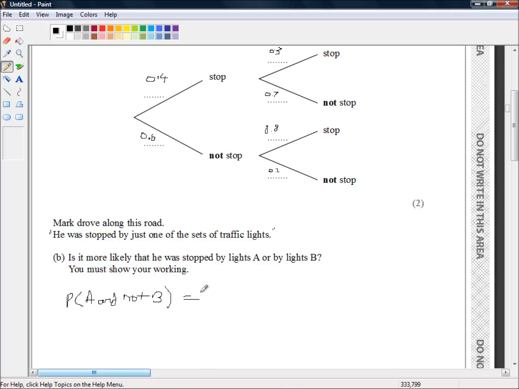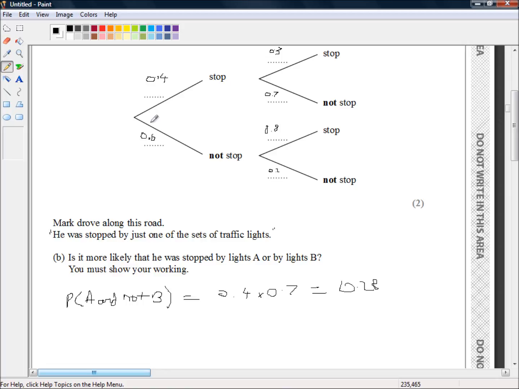So that is 0.4, which we get from here, and not B is 0.7, so that's times 0.7, which is equal to 0.28, that he was stopped by only lights A and not by lights B.